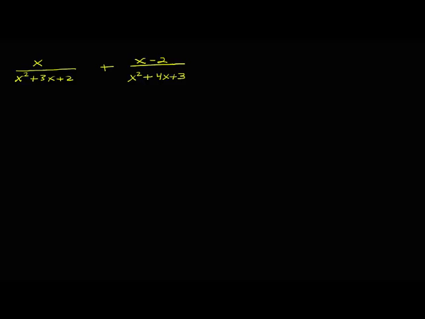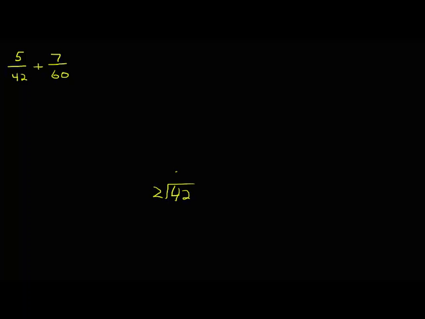Suppose we wanted to teach students how to add fractions 5 over 42 and 7 over 60. Well, the first thing we need to do is find the greatest common factor and the least common multiple. The way I teach that is I have students prime factor 42. If you want to use a factor tree to do this, that's fine.